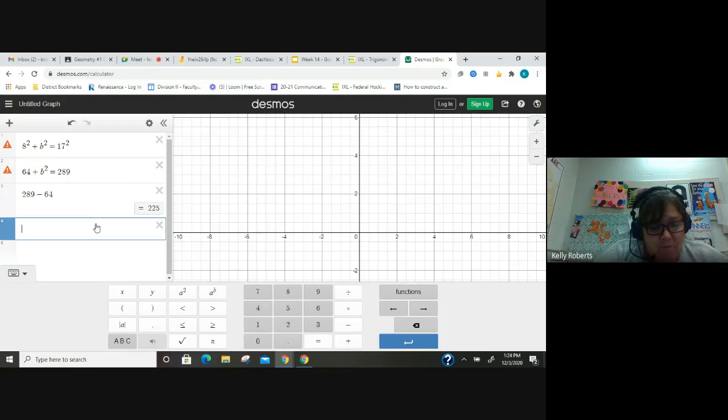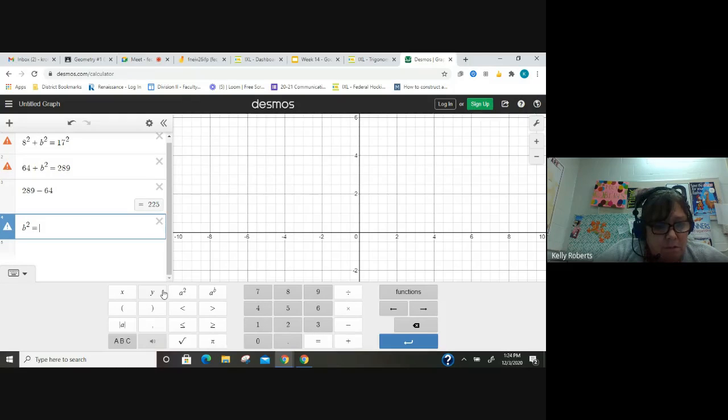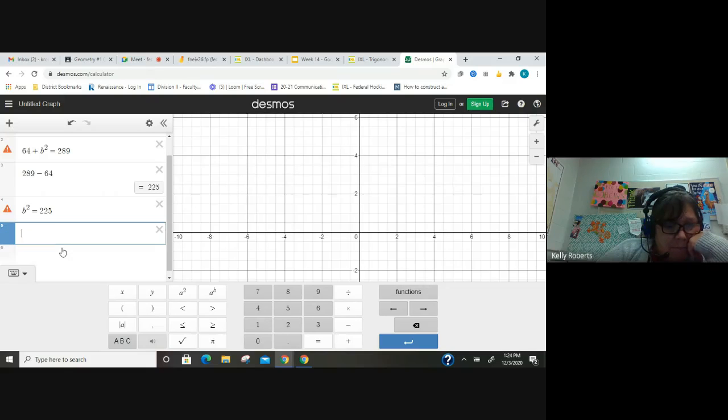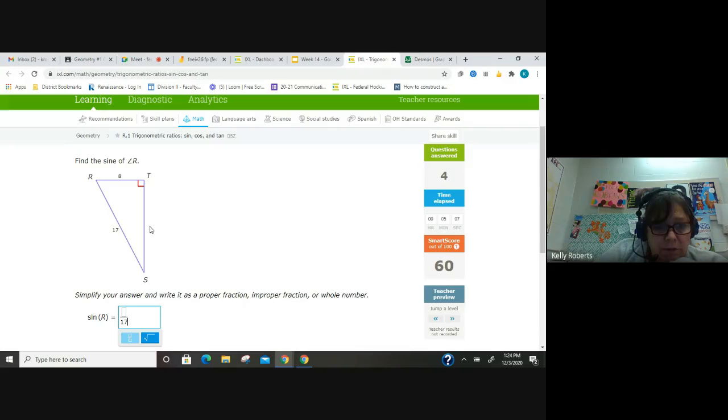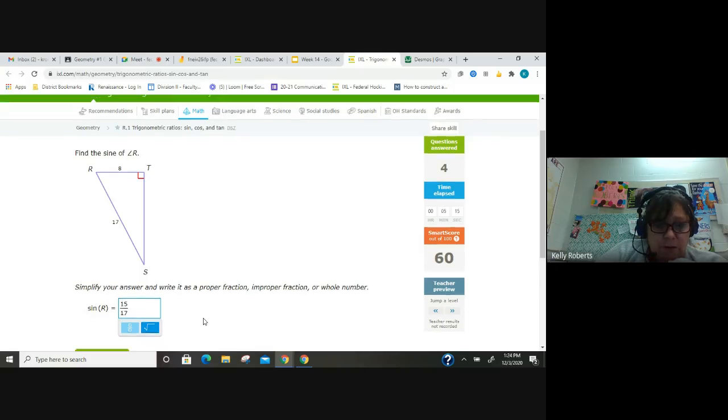So now I have b squared equals 225. Take the square root of both sides, and b equals the square root of 225, which is 15. So 15 is this missing side. It's opposite r. It's opposite over hypotenuse. So 15 goes right here.